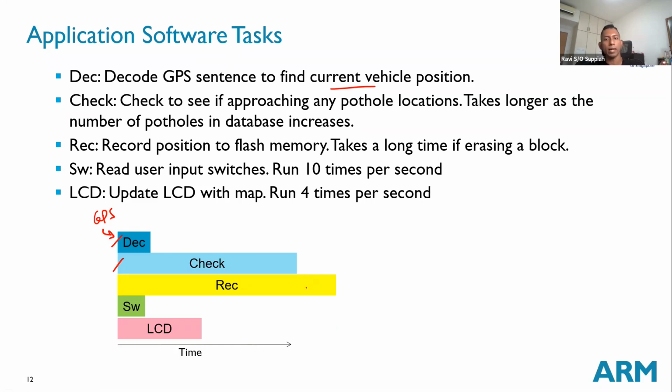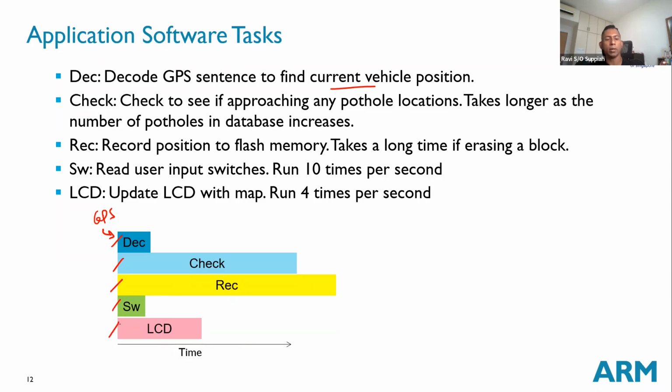And of course, you may also want to do a recording or updating of the database. Maybe you have noticed a pothole which is not in the database, so you can record this position to the memory. And while all this is happening, you also need to respond when the user presses any user interface buttons.